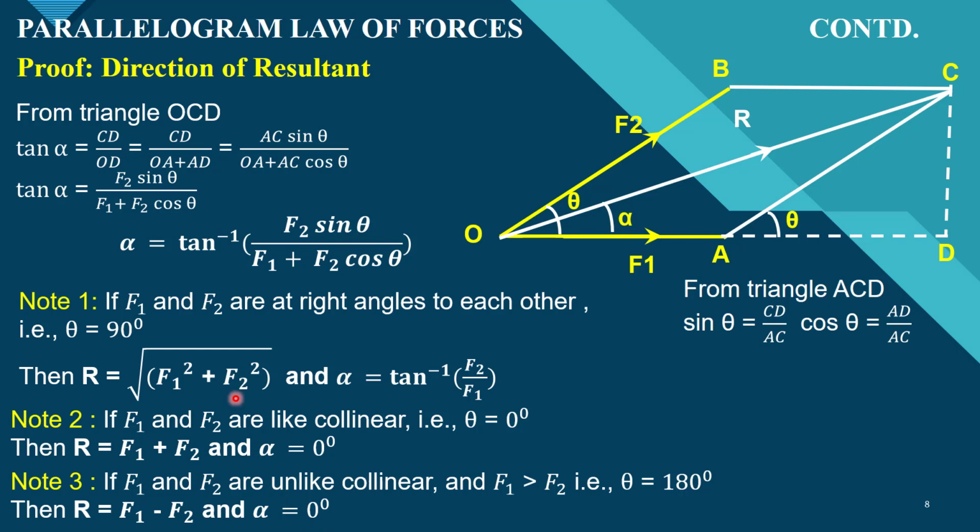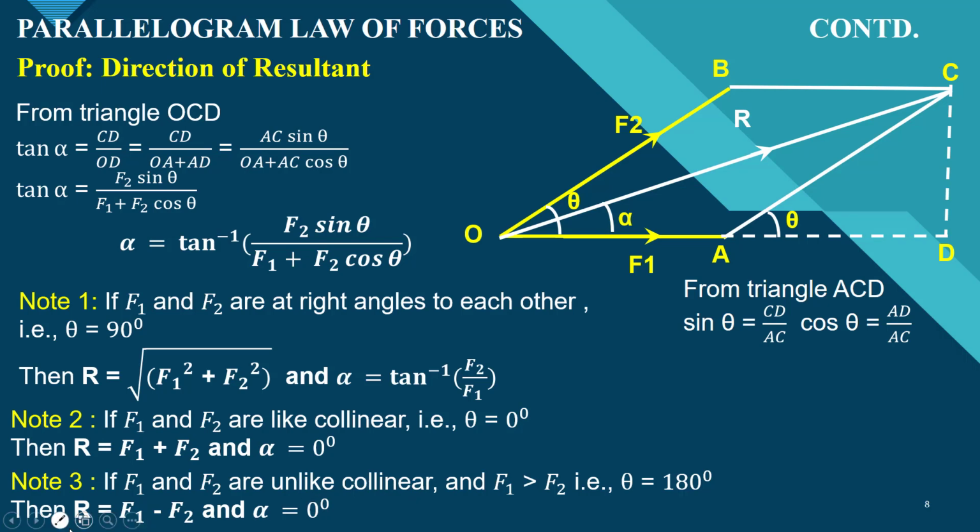Now considering these three special cases, we can say that the resultant force will be maximum when the forces are like collinear, and the magnitude of the resultant force will be F1 plus F2. And the resultant force will be minimum when the forces are unlike collinear.